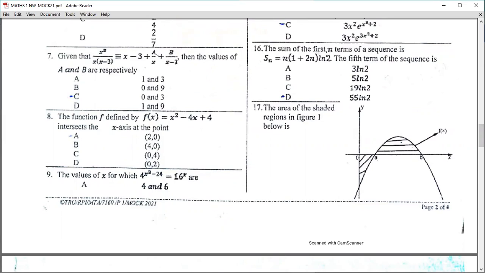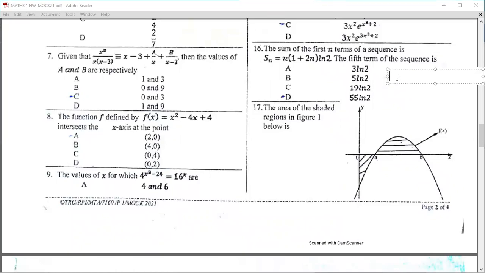What am I saying? In this particular case, the fifth term should be equal to the sum of the first 5 terms minus the sum of the first 4 terms. So we have to look for the sum of the first 5 terms. And how do we get it? That should occur when n is equal to 5, right?